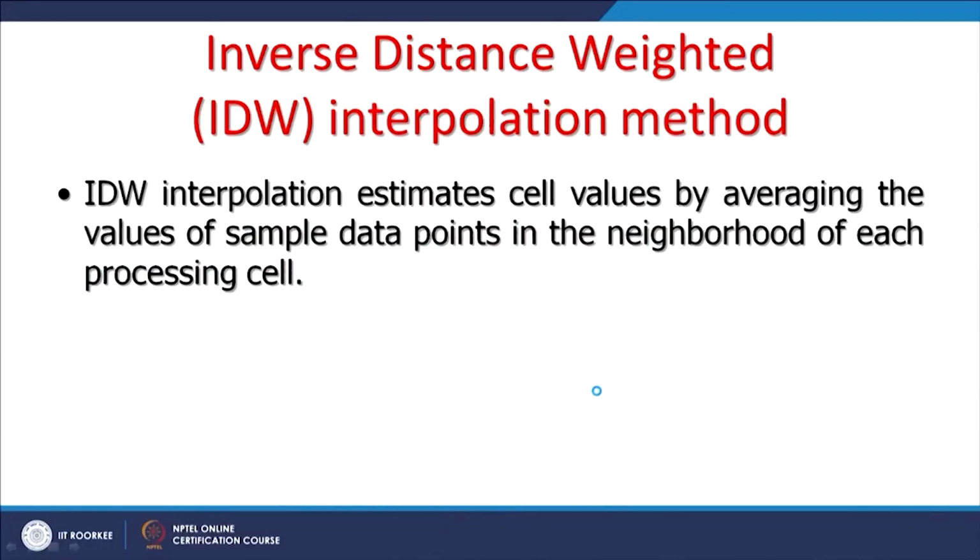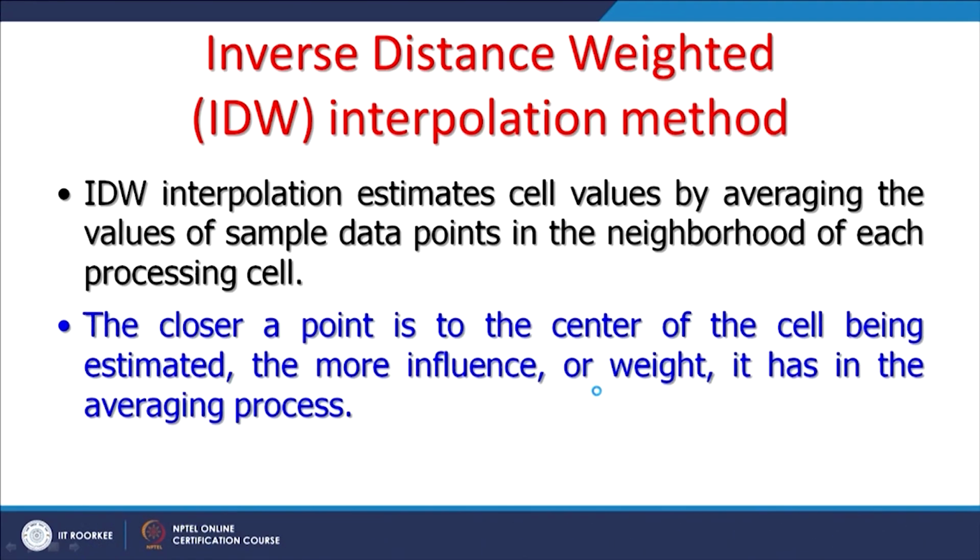This interpolation estimates cell values, because we are after all going to create a raster, by averaging the values of the sample data points in the neighborhood of each processing cell. As per Tobler's law of geography, the closer a point is to the center of the cell being estimated, the more influence or weight it will have in the averaging process.